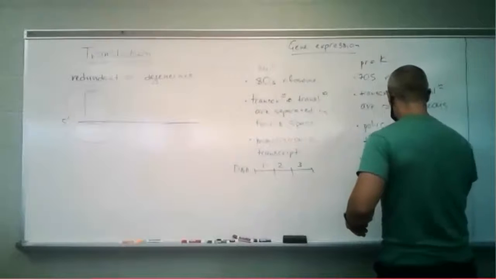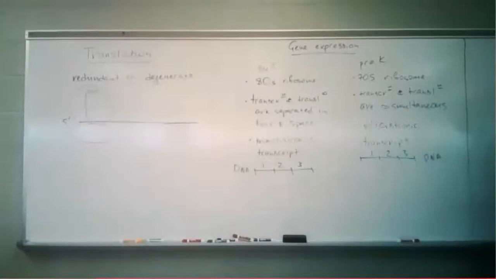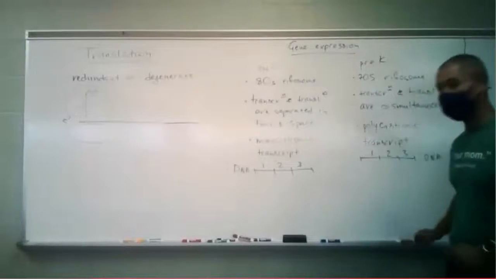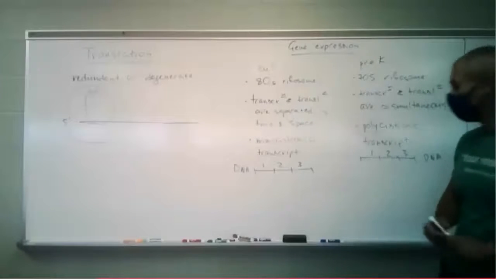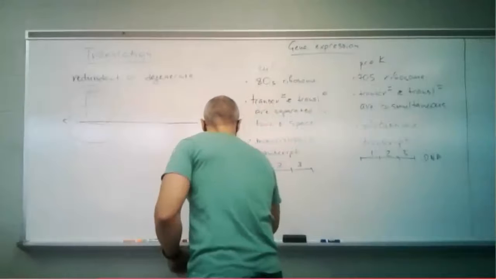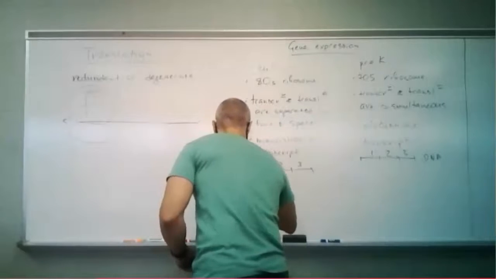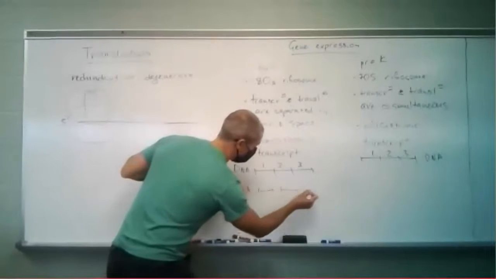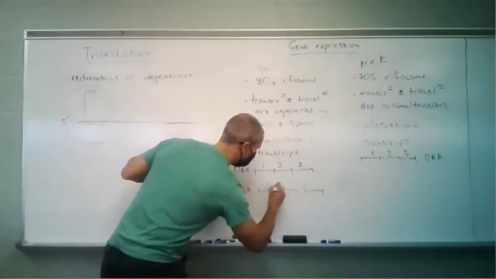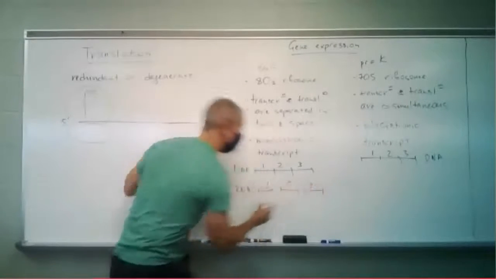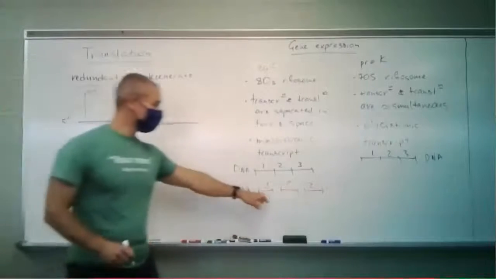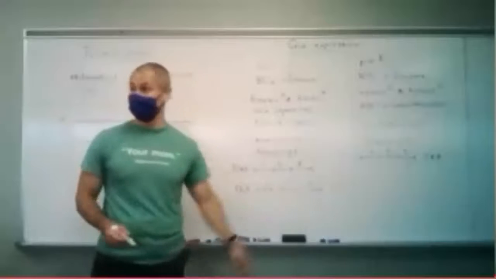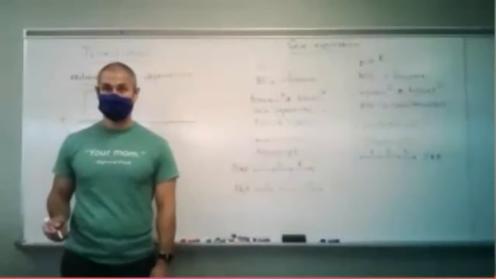Gene 1, gene 2, gene 3. We're good so far? So what RNA is going to look like in eukaryotes? Three separate transcripts. Each of them contains only 1 gene. Monocistronic, monocistronic, monocistronic. Does that make sense?